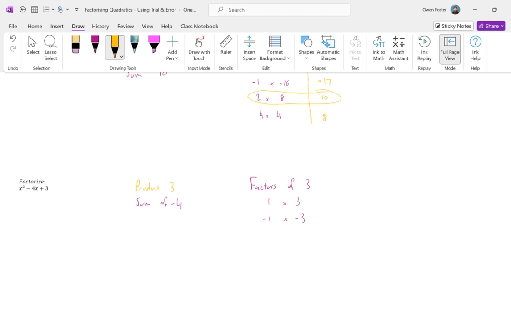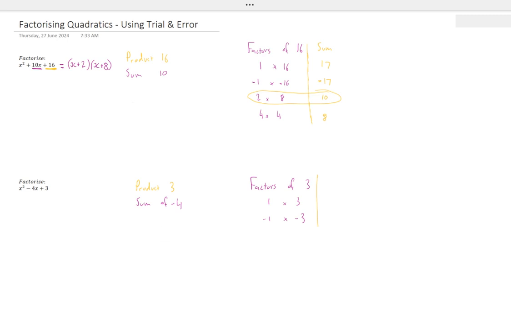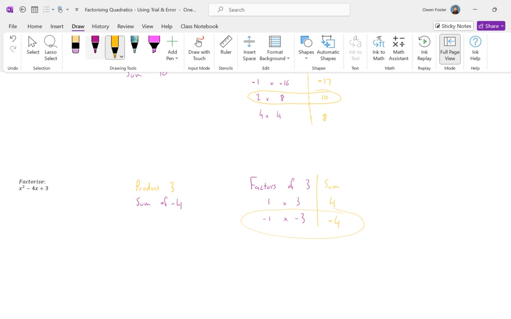Now next line we're going to have the sum of these. So positive 1 plus positive 3 is 4, negative 1 minus 3 is negative 4. So remember what we wanted. We wanted a product of 3 and a sum of negative 4. So we want this example down here. The two factors are going to be negative 1 and negative 3.